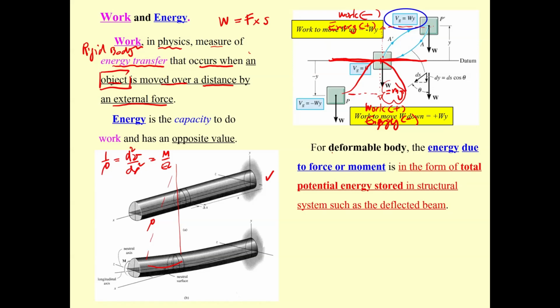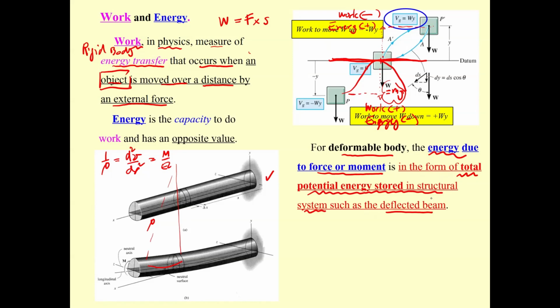Now for the deformable body, the energy due to the force and moment is in the form of total potential energy stored in the structural system, such as the deflected beam. It's stored energy when you do the work by the moment that bends it.